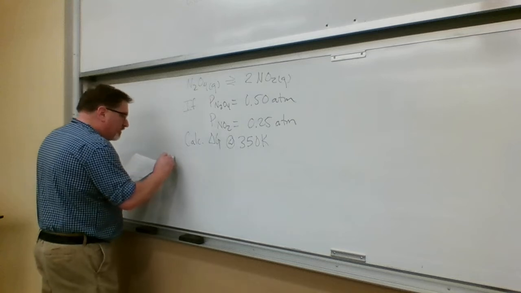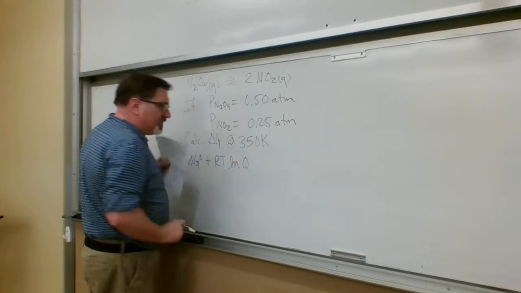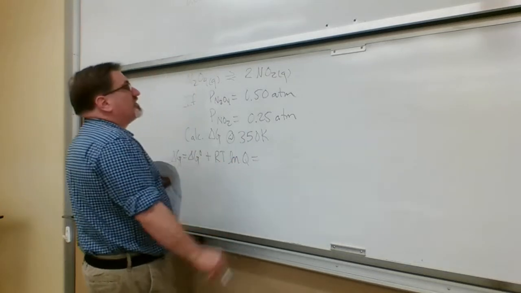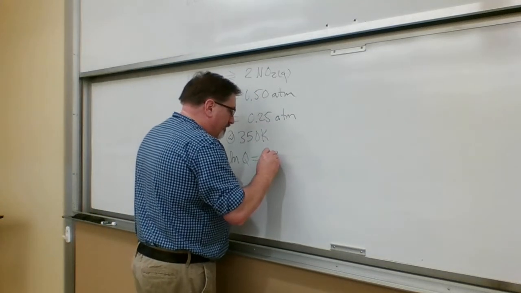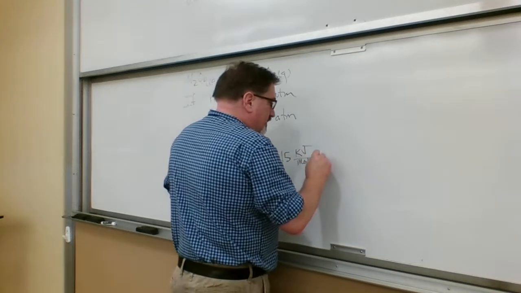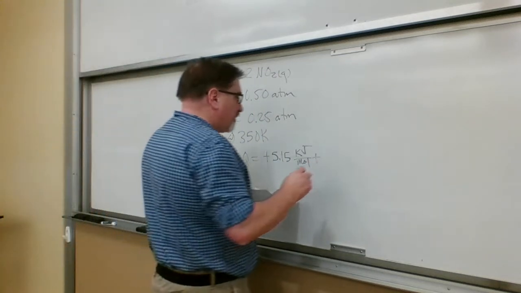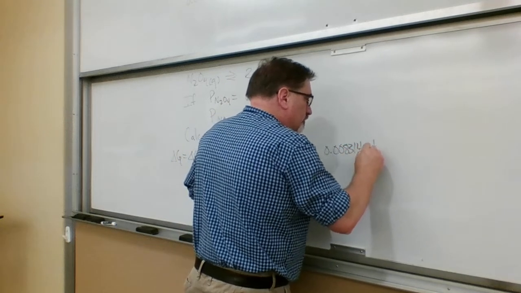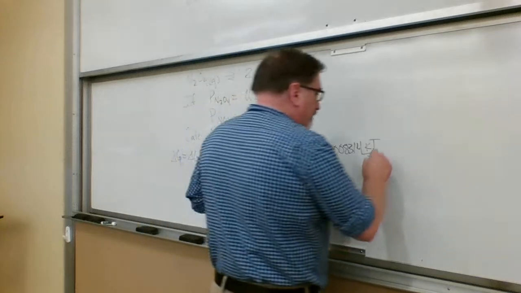So delta G is delta G0 plus RT times the natural log of Q. So our delta G0 that we calculated in a previous part of this problem was 5.15 kilojoules per mole plus, so if we're working in kilojoules per mole, we need R in kilojoules per mole: 0.008314 kilojoules per mole Kelvin.